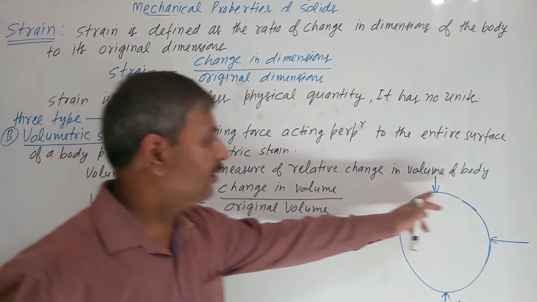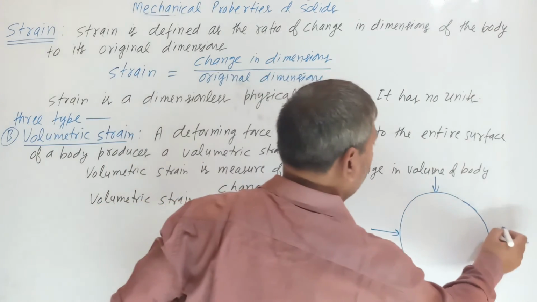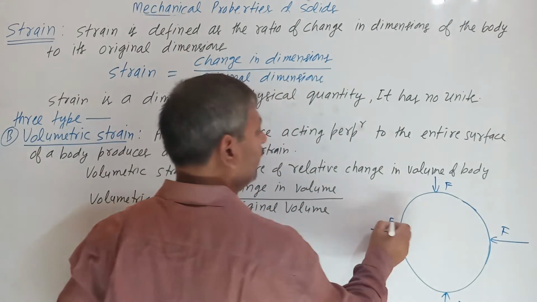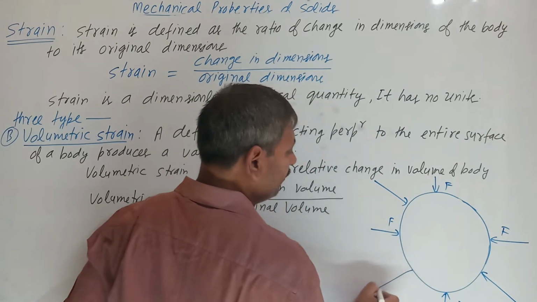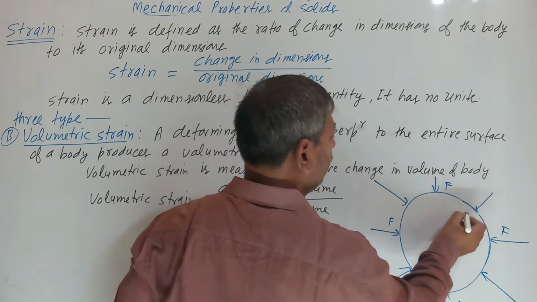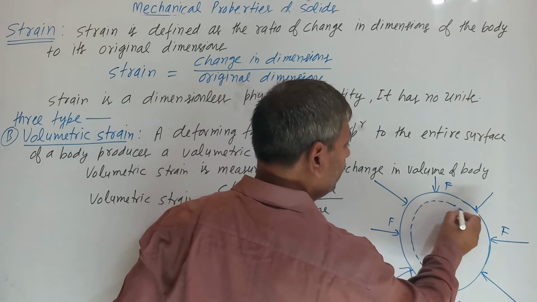Suppose this is a sphere. If a force F is applied on all the surface from all sides, there is a change in volume.